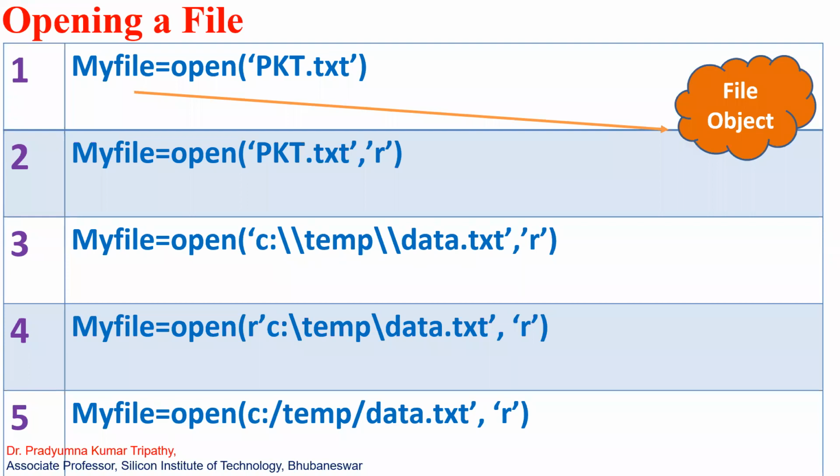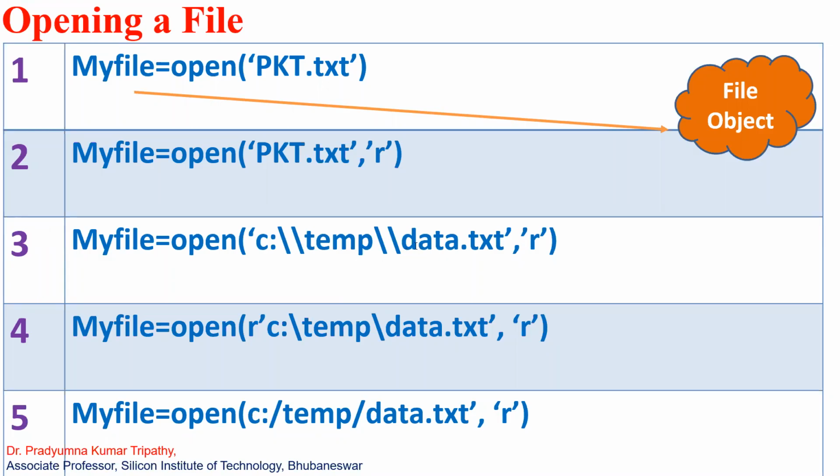Okay. Suppose my file is data.txt, which is present inside C:\temp. So instead of writing double slash, suppose I write a single slash. My understanding is that I will write C:\temp, but what Python may understand is that it may take the \t as one character and convert it into the escape character.